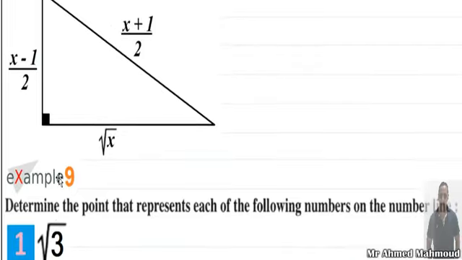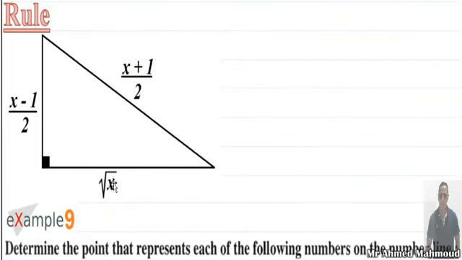I need to draw a right angle triangle in which one side equals root x, the hypotenuse equals x plus 1 over 2, and the other side equals x minus 1 over 2. Then I'm going to represent it.